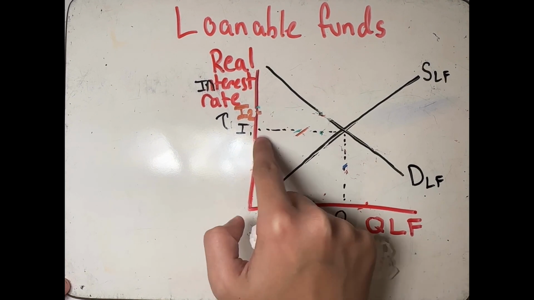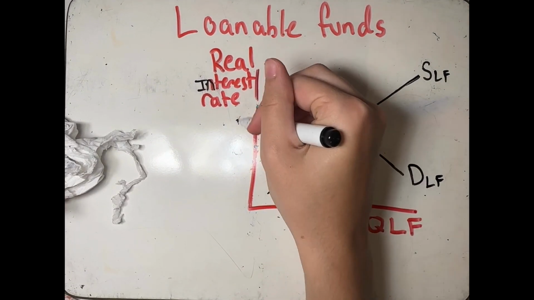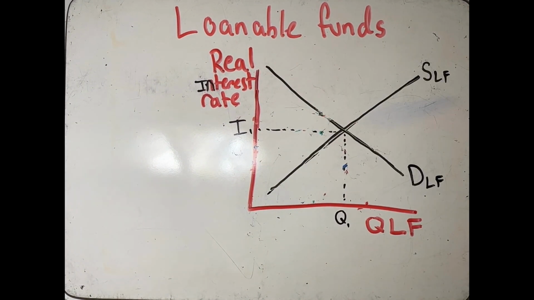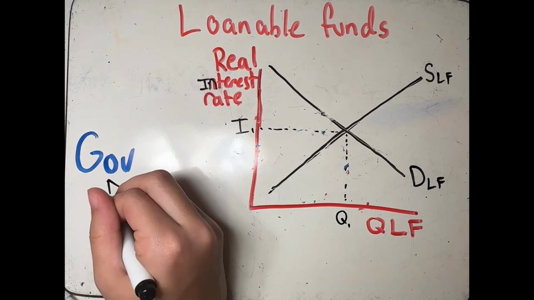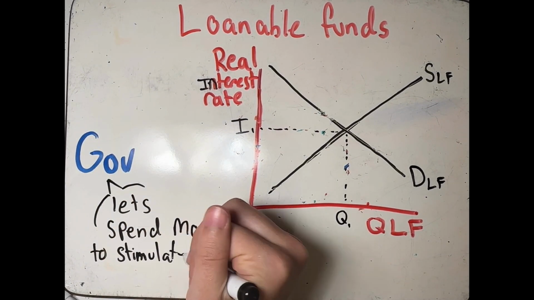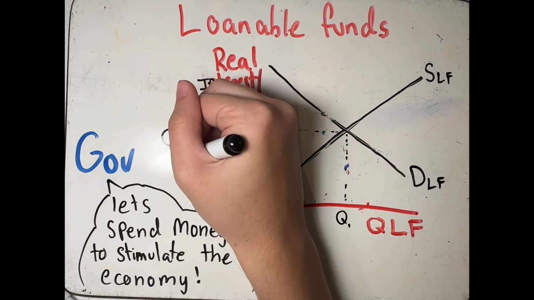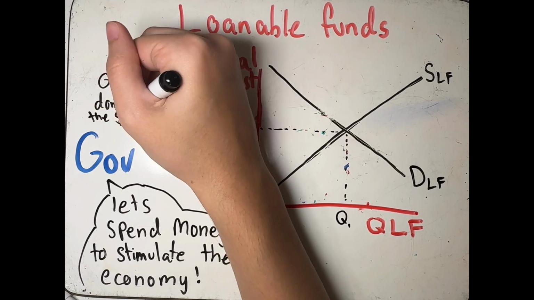One other thing I wanted to show the graph of is crowding out. Crowding out refers to when the government practices expansionary fiscal policy. Expansionary fiscal policy entails deficit spending, meaning the government spends more money than it receives with taxes.